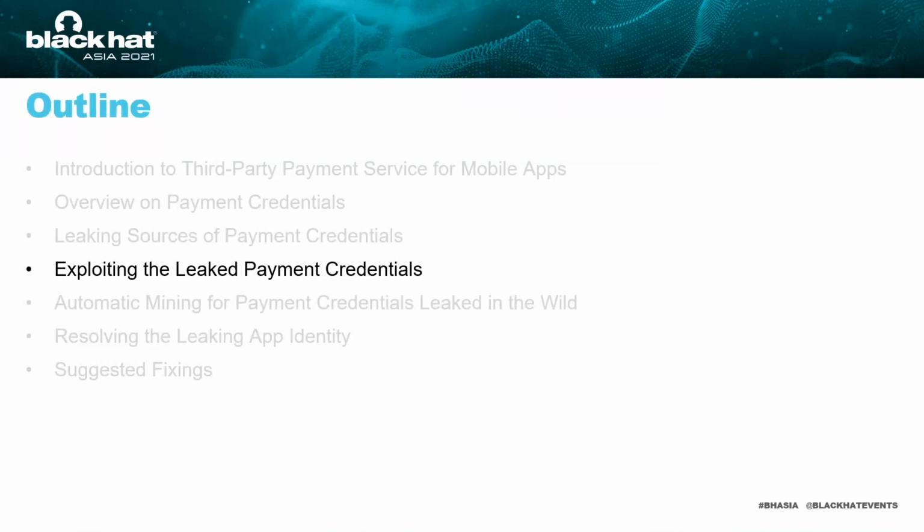Then I will present 4 types of exploits enabled by the leaked payment credentials. As we will see, these leaked payment credentials can affect other innocent merchant apps without leaks or even another third-party service for mobile apps.